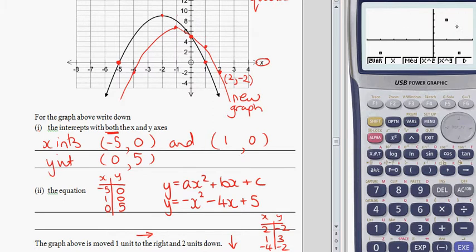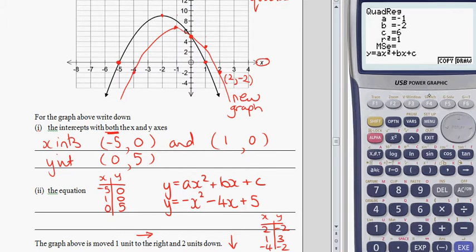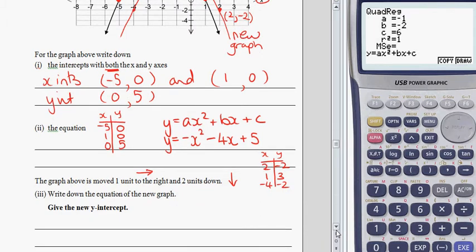Make sure it looks approximately like what we've got. And there's my new equation. Now we just have to move down a bit here. So we get y equals ax squared plus bx plus c, which is the general form for all quadratics. -x squared minus 2x plus 6.